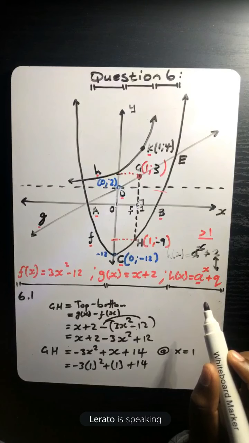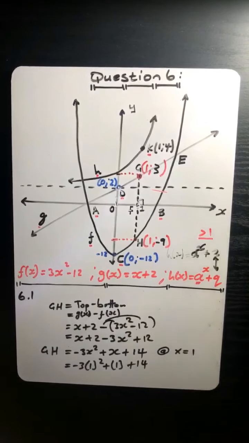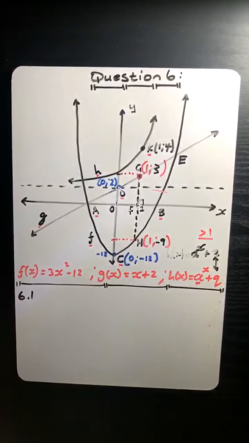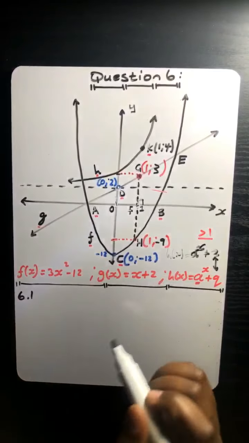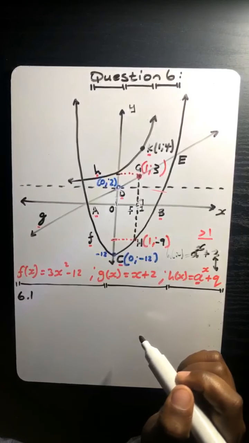Sir, I don't understand this method. Everything. Okay, so let me try to be quick on that one. So I will help you to actually understand it through our interaction, Lerato.